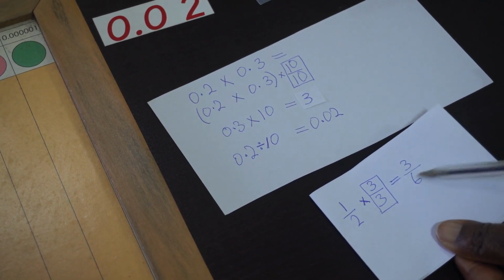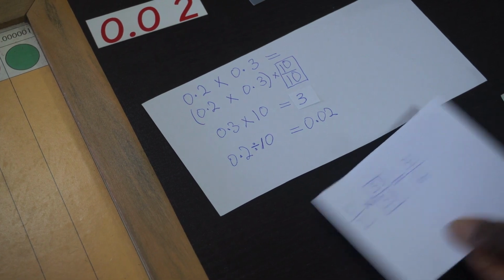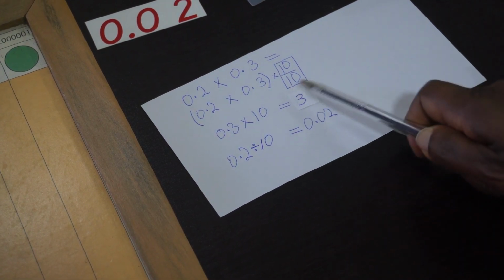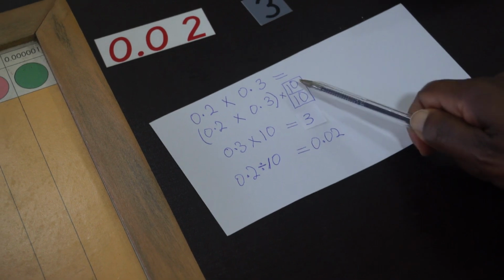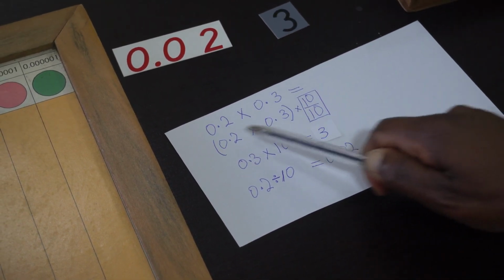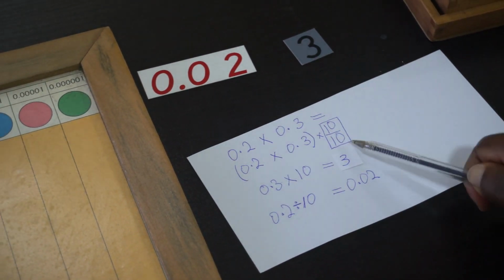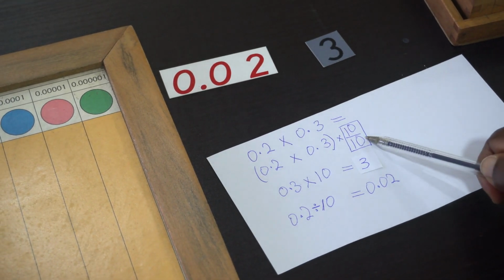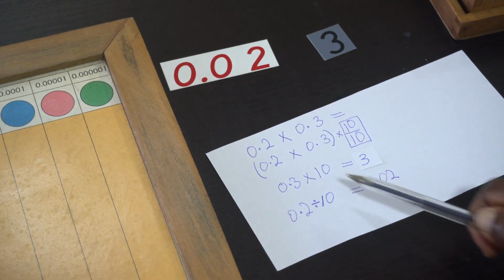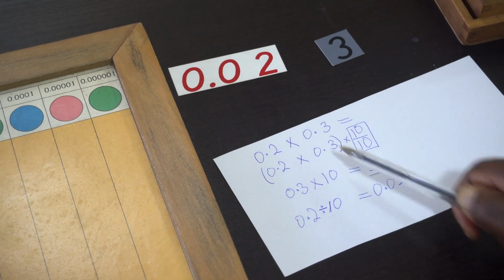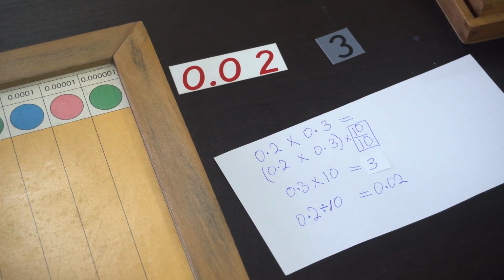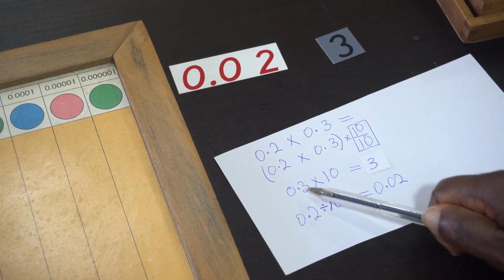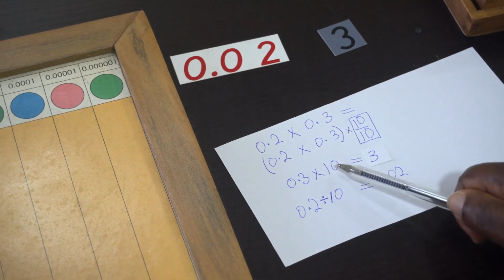It only changes the way it looks. So the same principle applies here. We are multiplying this whole expression by 10 over 10, which is simply 1, because we want to make the multiplier a whole number. So to do that, we multiply that by 10.